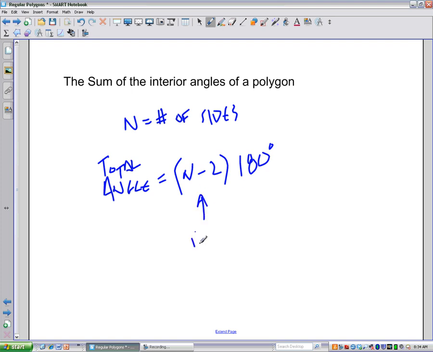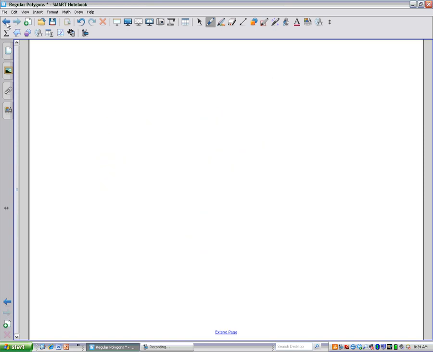Because this is how many triangles I get. I always get 2 fewer triangles than the number of sides. And I multiply that by 180, and that gives me the sum of the interior angles of any polygon. Okay?